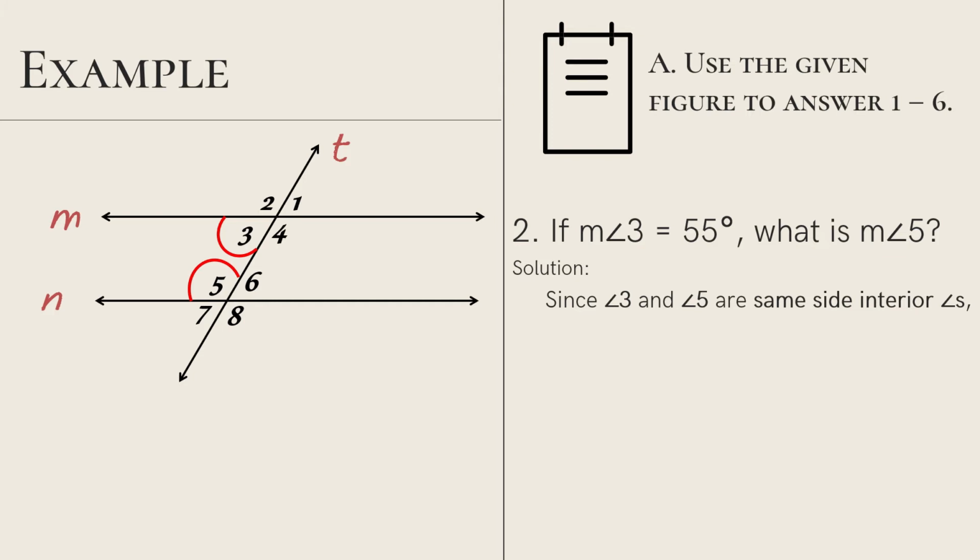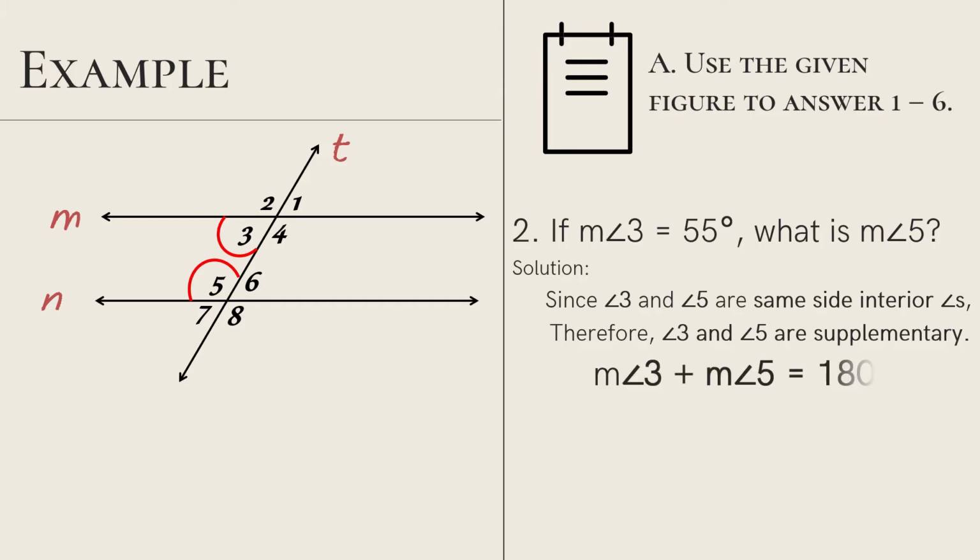And since they are same side interior angles, therefore, angle 3 and angle 5 are supplementary. That means, when we add the measure of angle 3 plus the measure of angle 5, the result will be equal to 180 degrees. And we are asked to solve for the measure of angle 5.